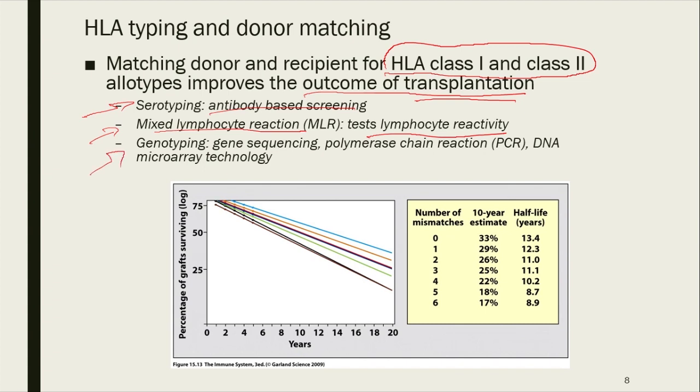Basically you are sequencing the entire gene using technology such as PCR and DNA microarray. We'll talk about these technologies once we move into the biotechnology topics, which starts next week.